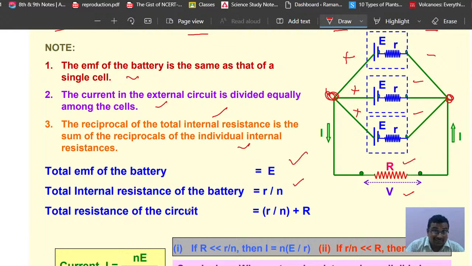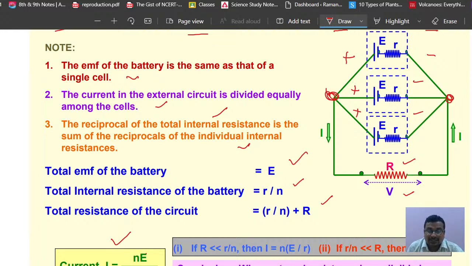The total resistance of the circuit is r by n plus the external resistance. So in parallel, the current can be represented as nE upon nR plus r, that is, the number of cells times EMF over number of cells times external resistance plus internal resistance.